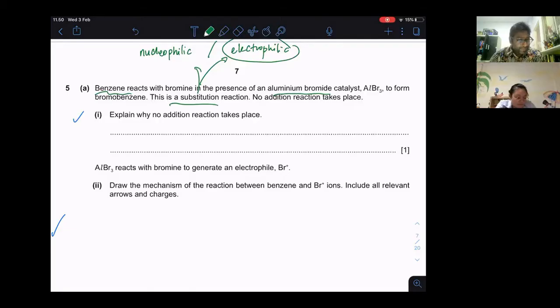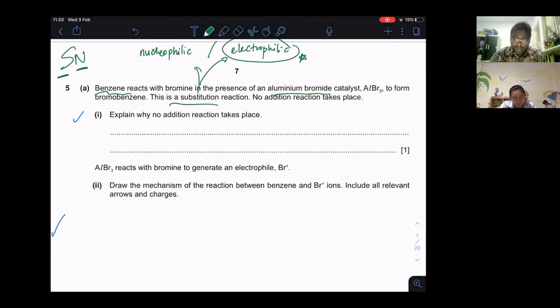Is that clear, Jody? Yes, sir. Okay, please remember this. If you are talking about nucleophilic substitution, remember SN, which we just learned about. Nucleophilic substitution is for halogenoalkane and alcohol.